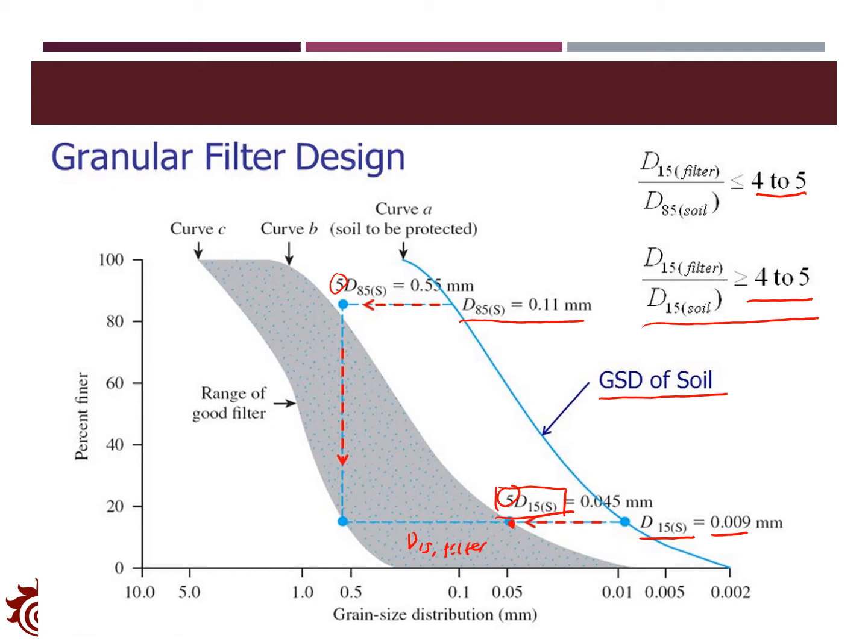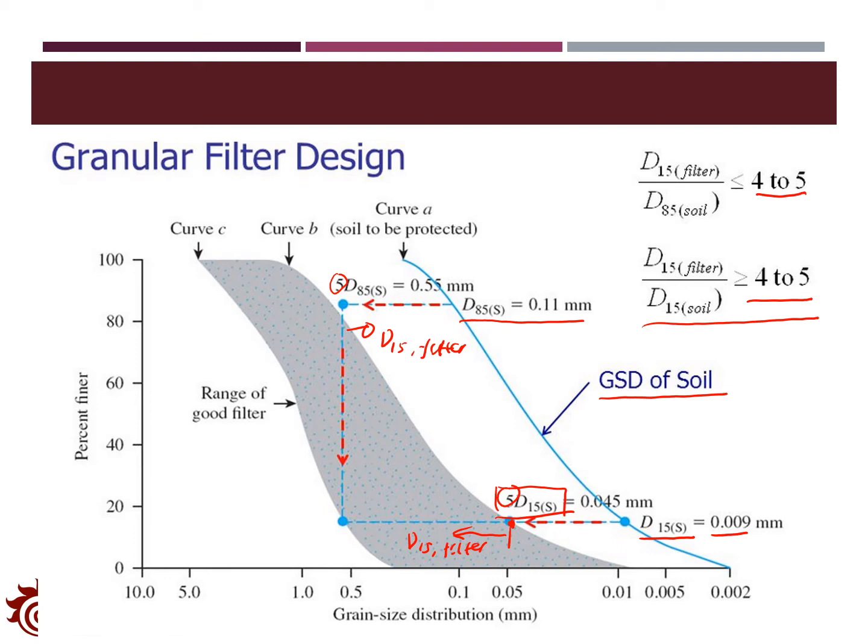And then we can find out 5 times D85 soil. In that sense, we want to make sure that D15 filter be less than this value. So all the values on the right side of this line are valid.